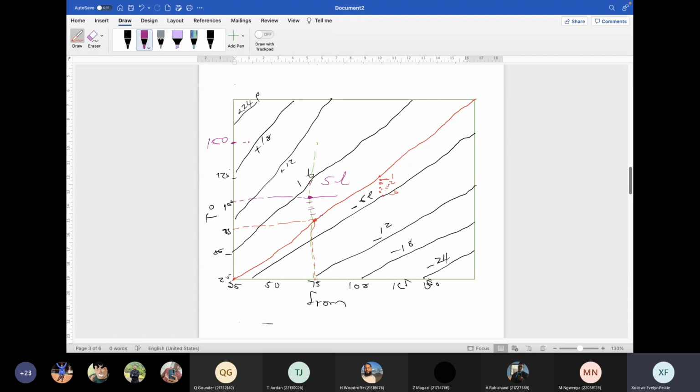Where's your point? Your point will fall here. You will have those grid lines going that direction. 1, because this is 6, then you'll have 7, 8, 9, 10, 11, and then finally that is 12.